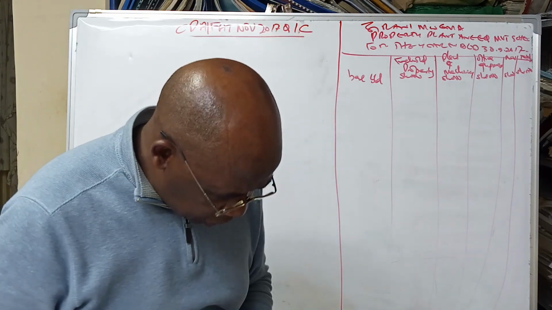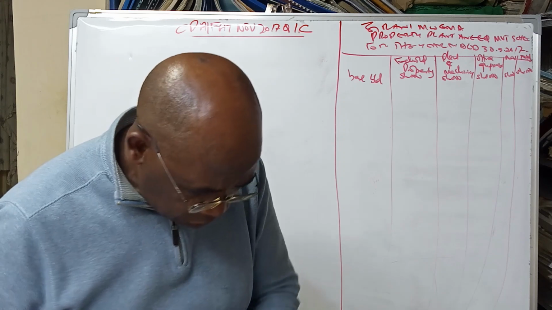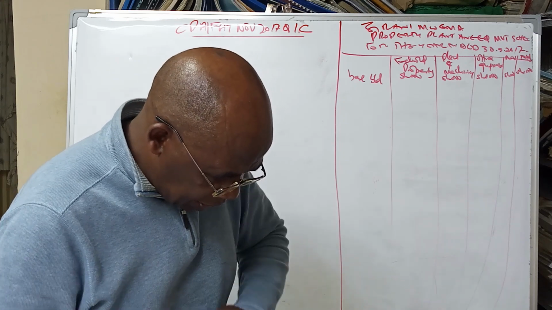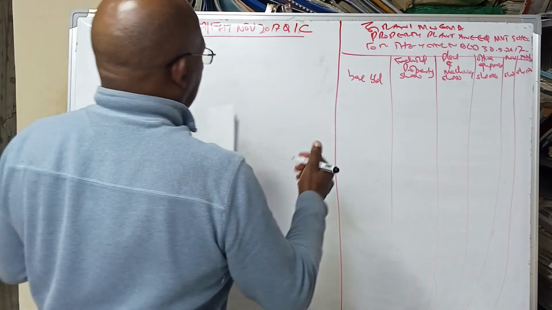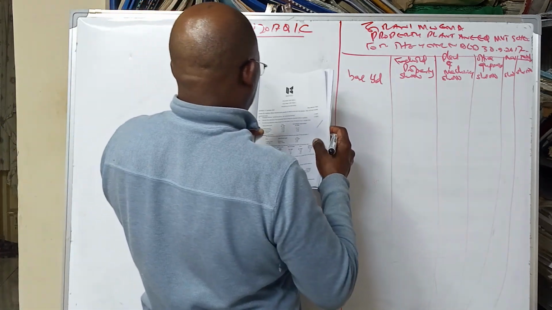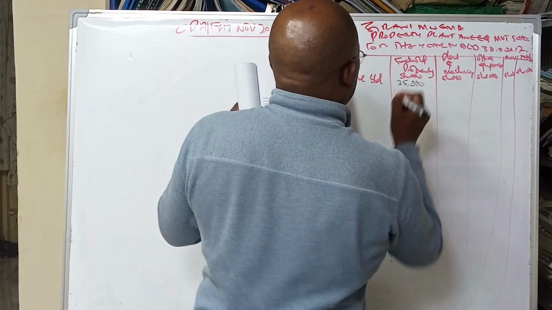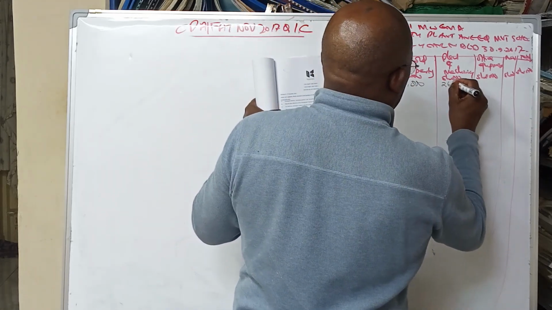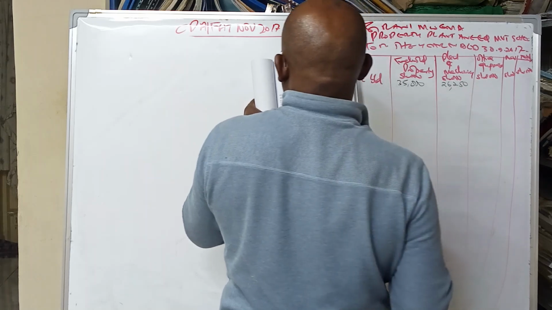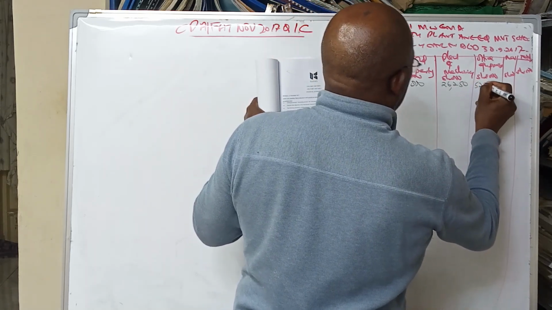If you look at the information at the beginning, we are told the opening balance for the non-current assets, so you can say balance brought down for freehold property is 35,000. For plant and machinery, it is 26,250. For office equipment, it is 5,250.